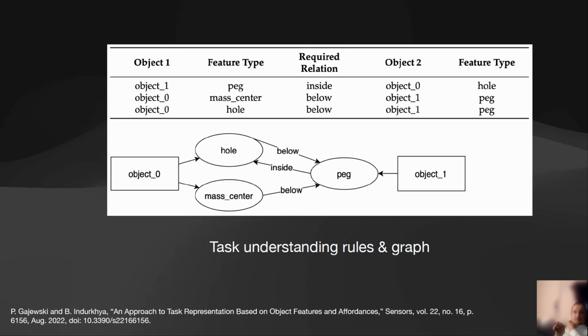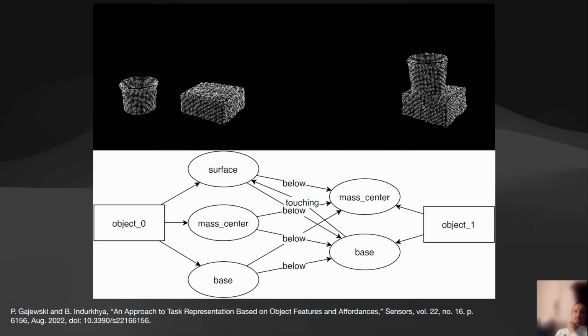But there is an object 1 that has a peg, and this peg goes inside the hole, and object 0, our cloth hanger, its mass center should be below the peg, because that's also an important aspect. This is not made by hand, it's inferred by the system from the demonstrations.